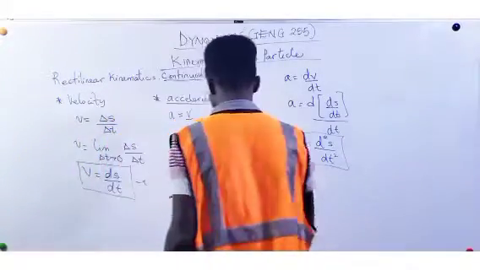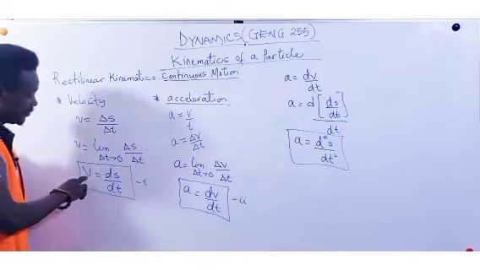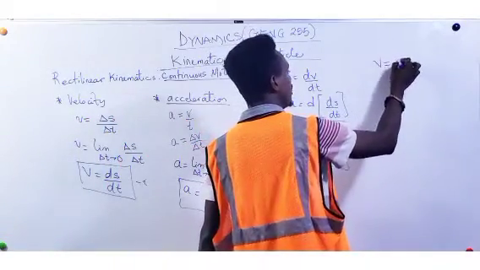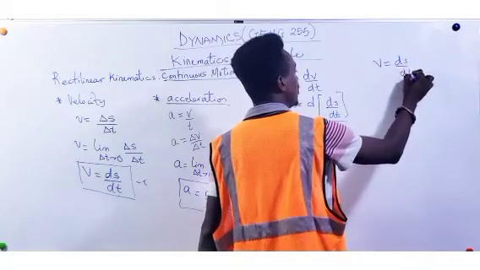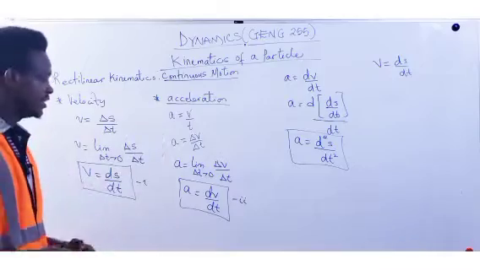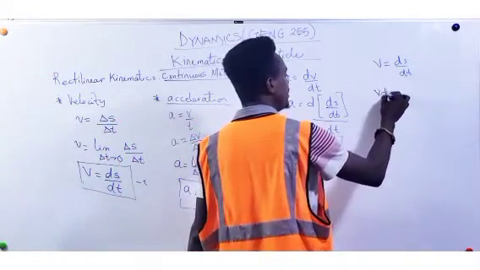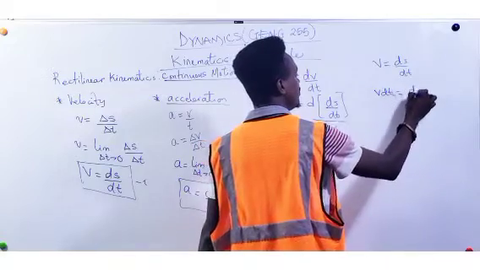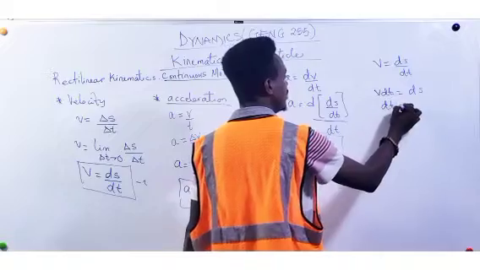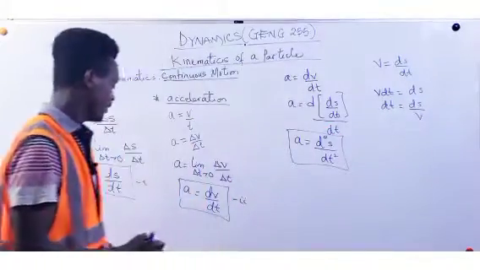So next, let us see something. Here we have equation 1 says v is equal to ds by dt, right? So if you want to make dt the subject, we can cross multiply, right? We'll have v dt is equal to ds, meaning that we'll have dt equal to ds by v, right?